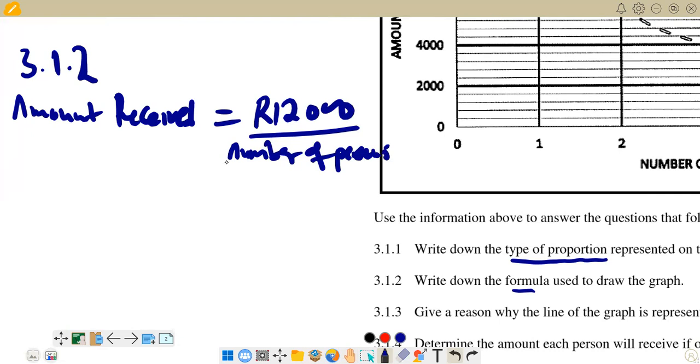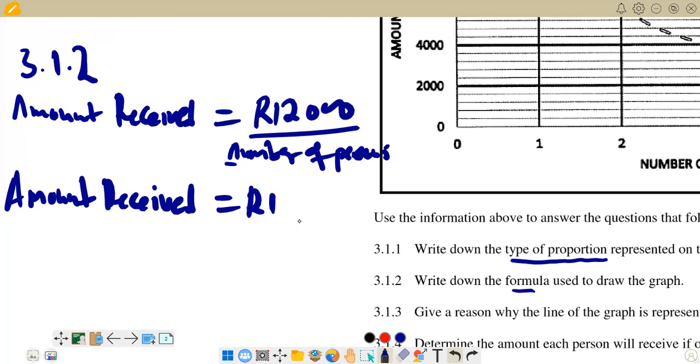But then this number of persons, we can just represent it as n. So basically, we can summarize this equation by saying amount received is equal to 12,000 divided by n.